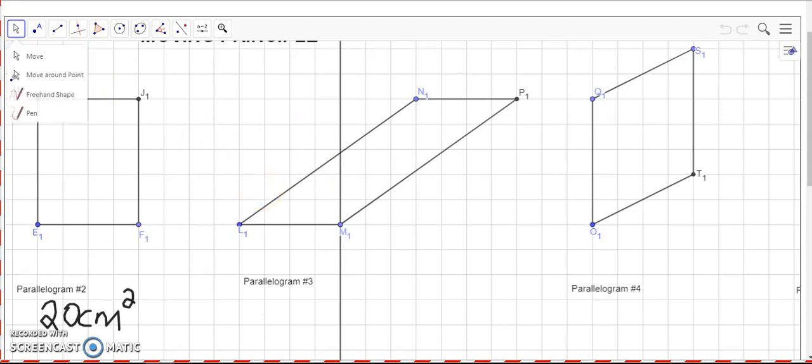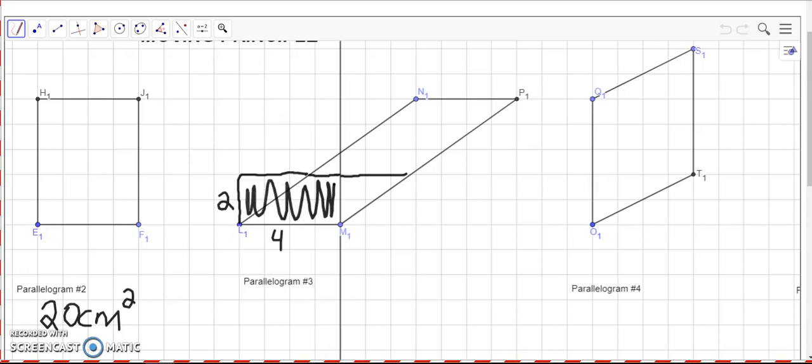Let's use the pen tool instead. If I just draw it over and I take this triangle here and shift it over to here, I can see that I have a 2x4 rectangle, and this goes away.